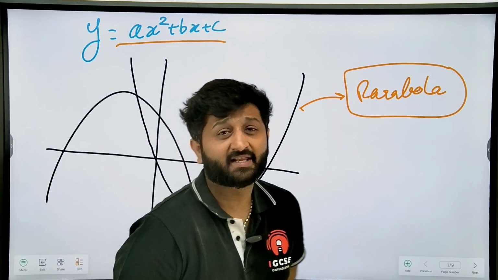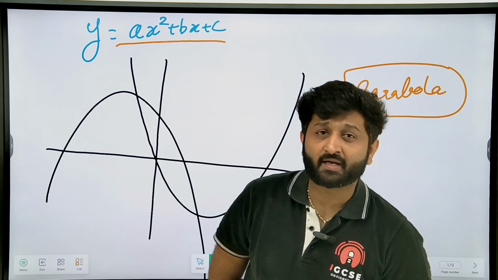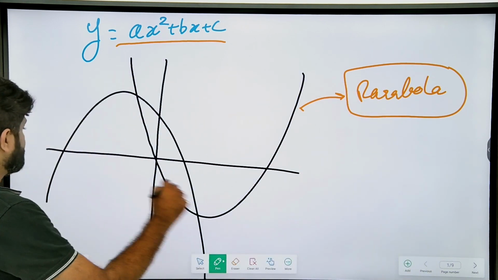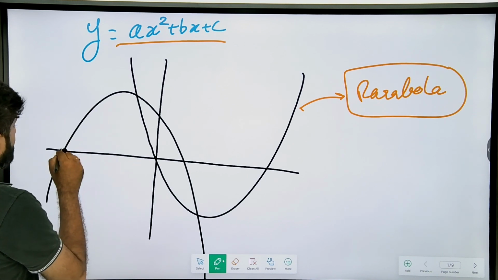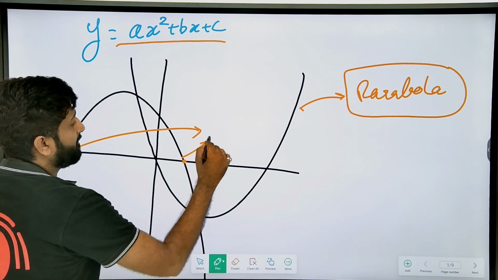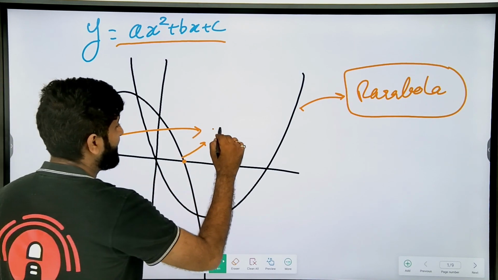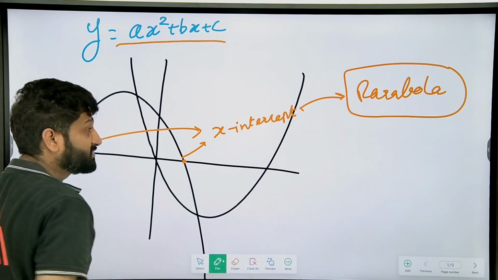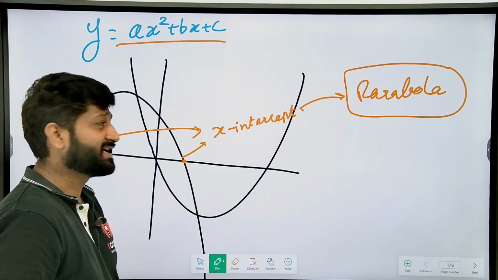Now, what are the points that are important to plot in a parabola? There are a few points which you need to consider. The first is these points. What are these points, guys? These points are known as my x-intercepts, which means the points where the graph crosses the x-axis.